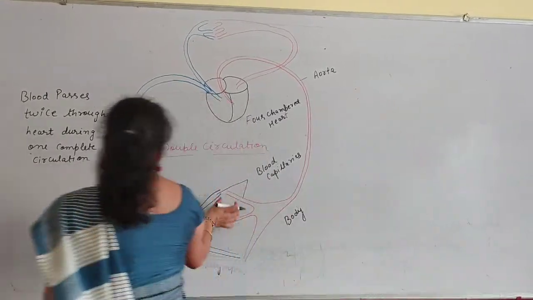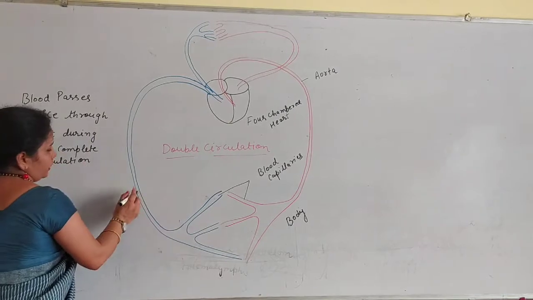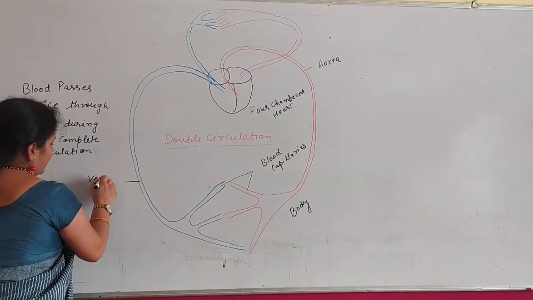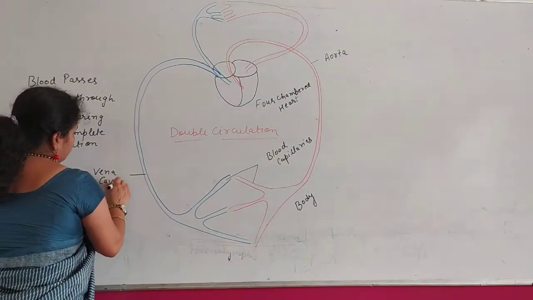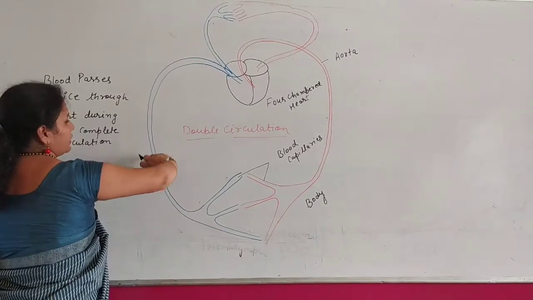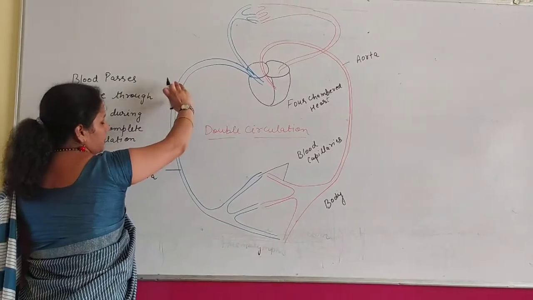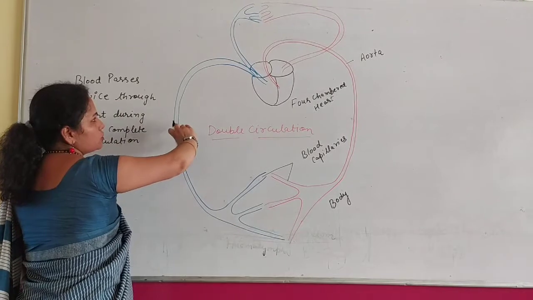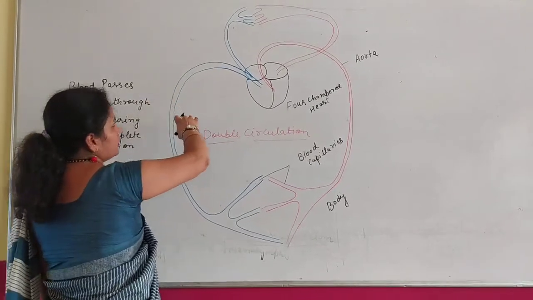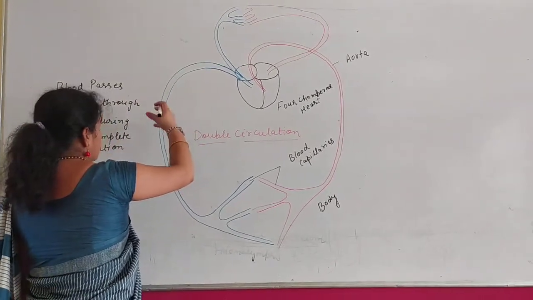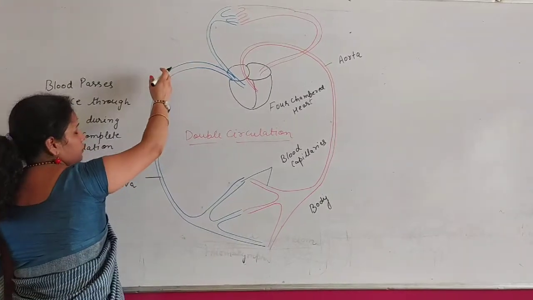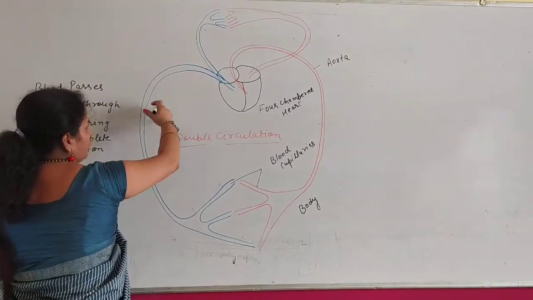These blood capillaries then join to form the main vein, known as the vena cava. This vena cava collects the blood from the upper part and from the lower part: from the upper part it is the superior vena cava, and from the lower part the inferior vena cava.